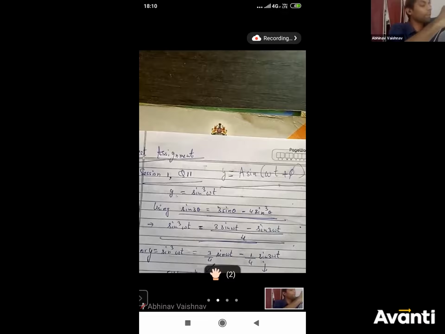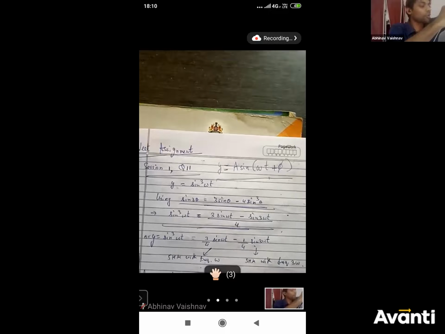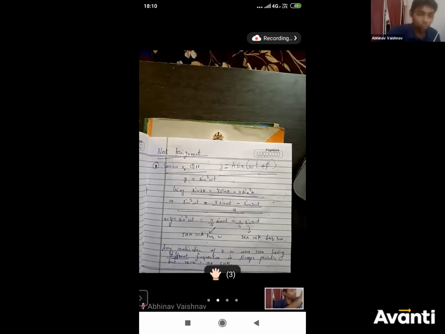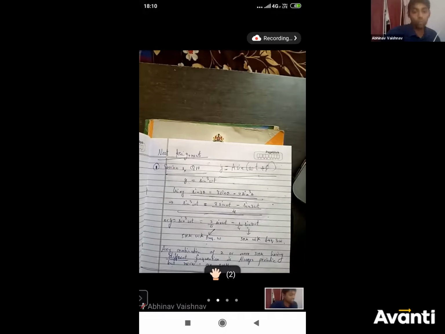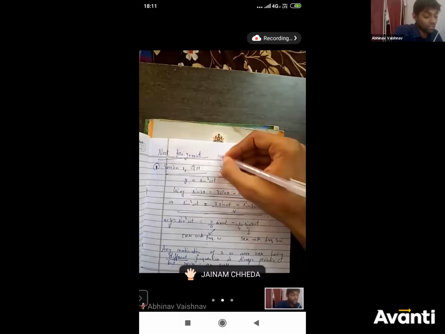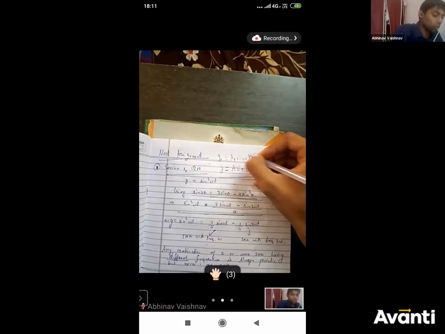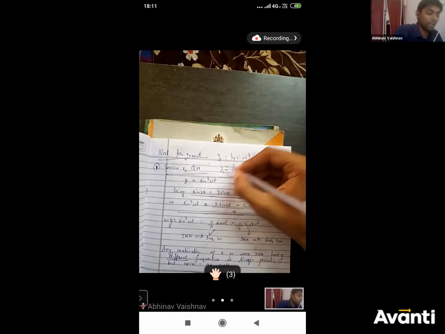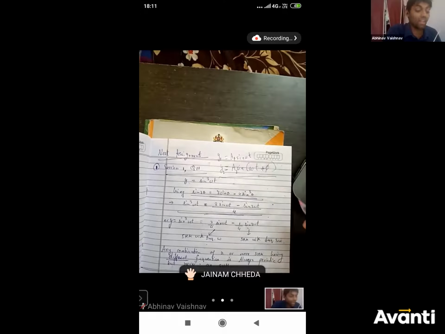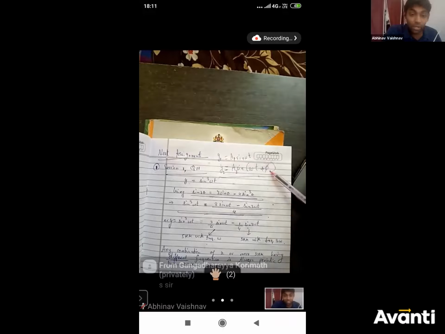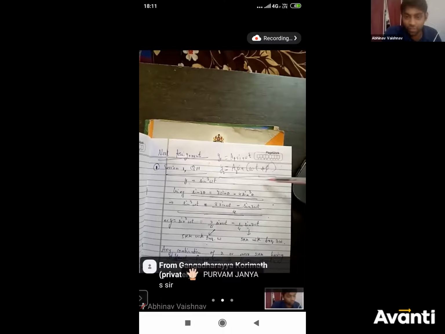So now देखो, superposition of SHM we discussed 2 classes back. Superposition of SHM में if you remember we were discussing कि if you have 2 SHM, एक है y1 = a1 sin ωt, दूसरा है y2 = a2 sin(ωt + φ), then the resultant will always also be an SHM having the same frequency, right?